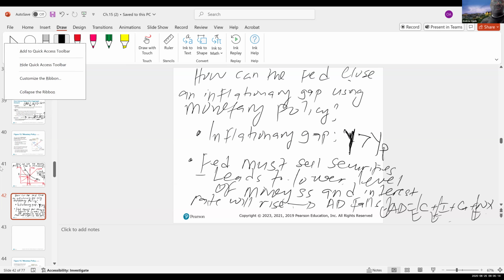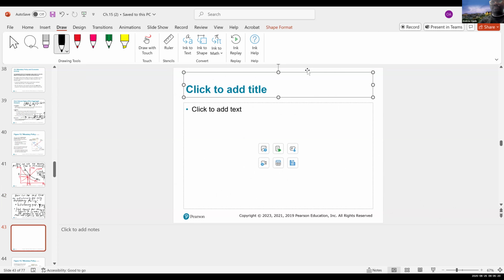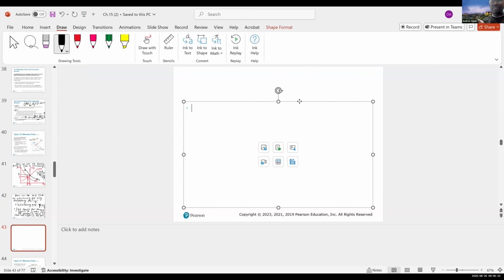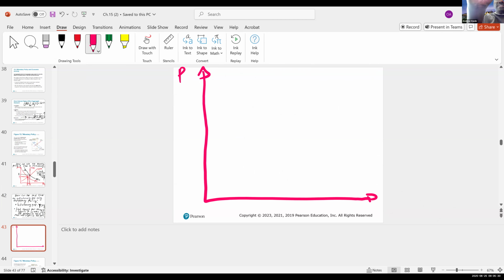So in this case, if you draw it, we can show in a diagram how the Fed has closed that inflationary gap. So if this is your initial, we're having price level here and real GDP on this axis.